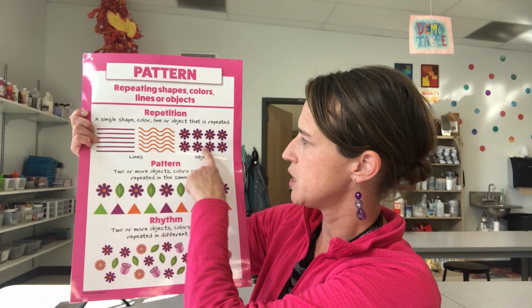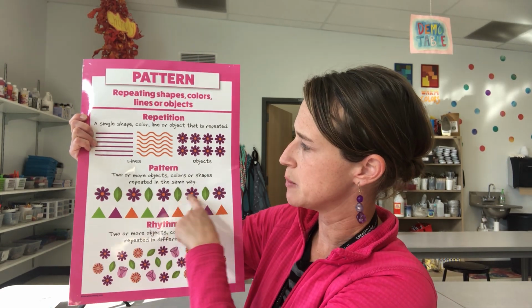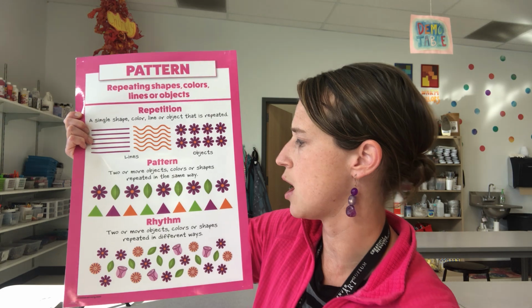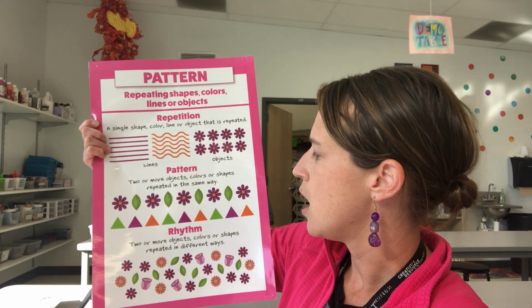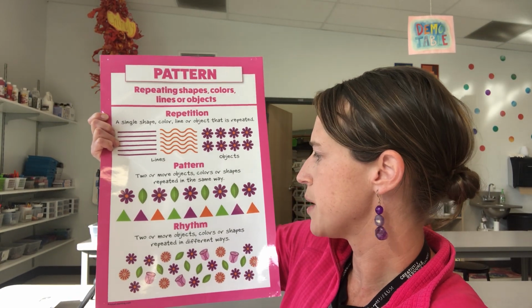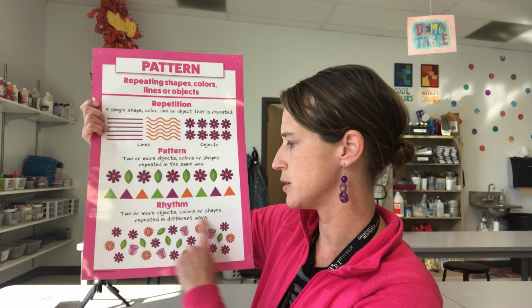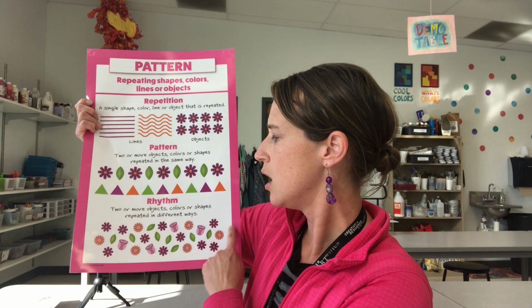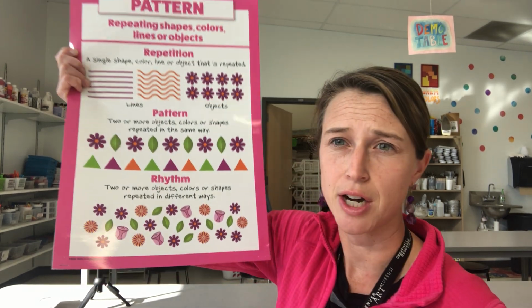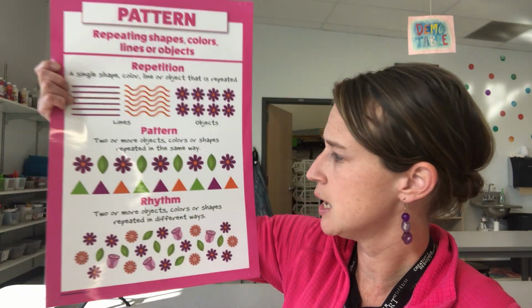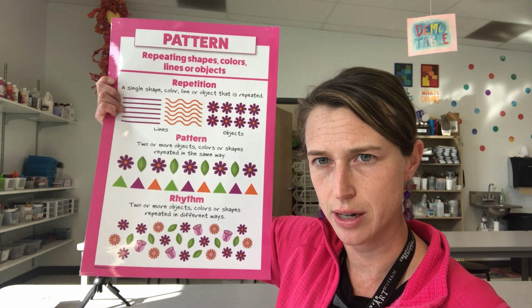So here's repetition, but here is pattern. You've got two or more objects, okay? And then rhythm, two or more objects, colors, or shapes repeated in different ways, okay? Rhythm is also called random pattern, okay? They're all repeated, but they're repeated in different ways. Okay, so these are all things that Zentangles are based off of.